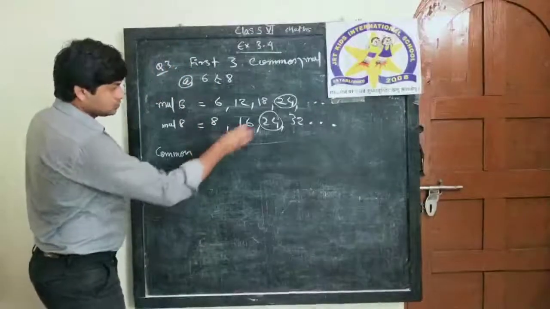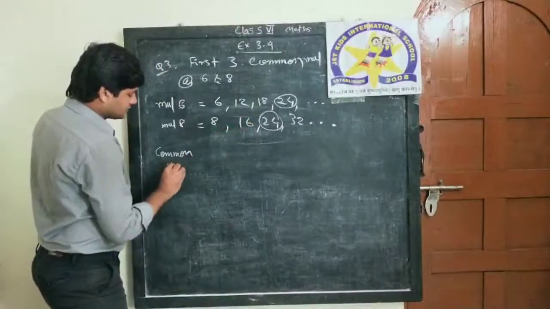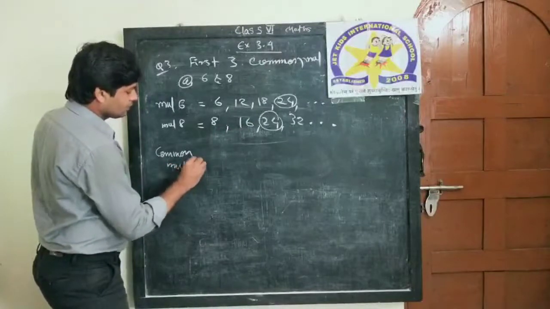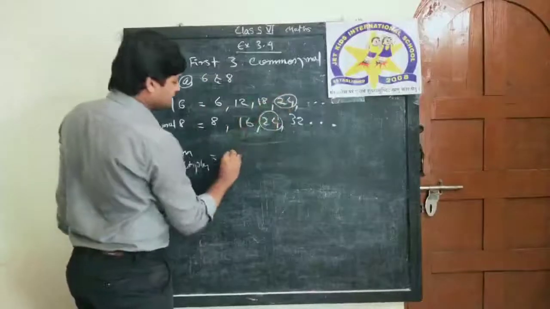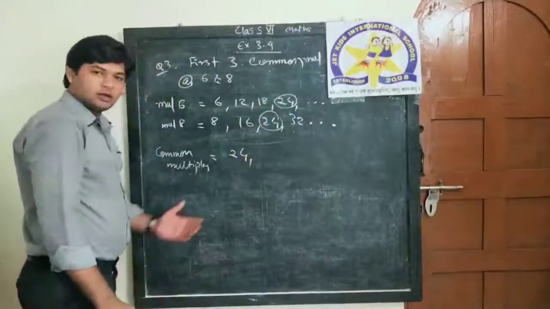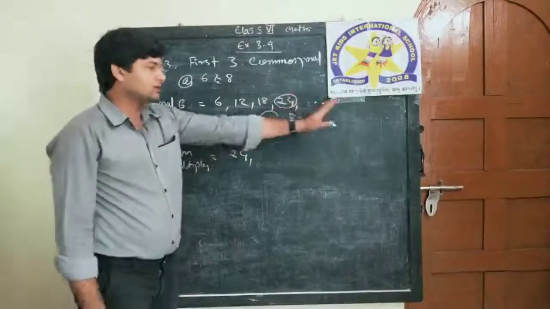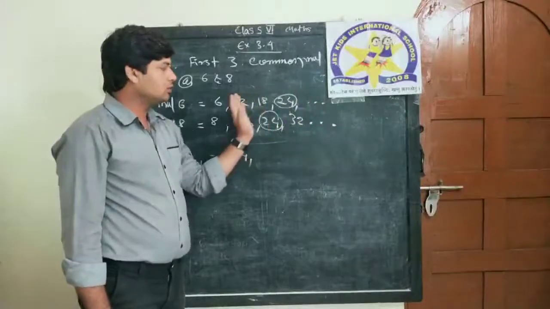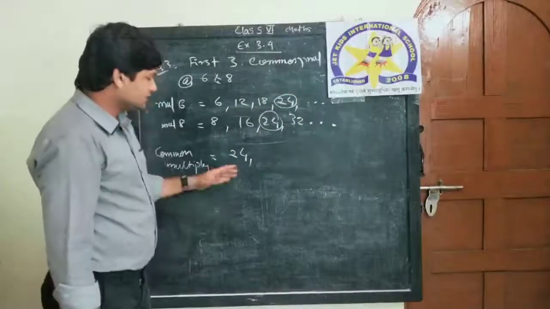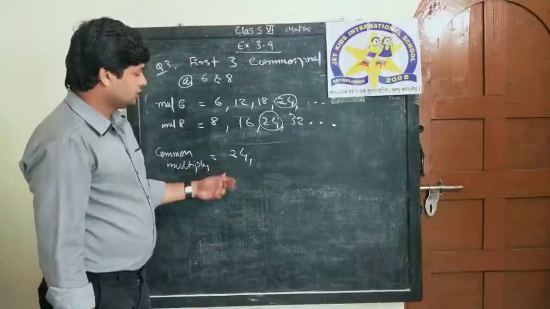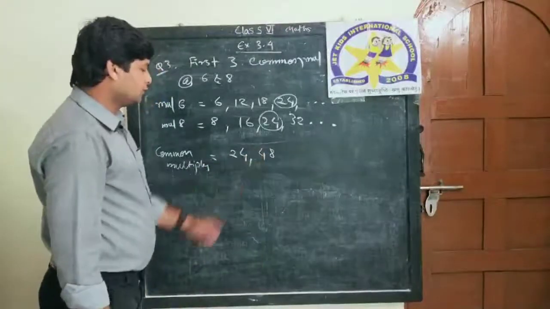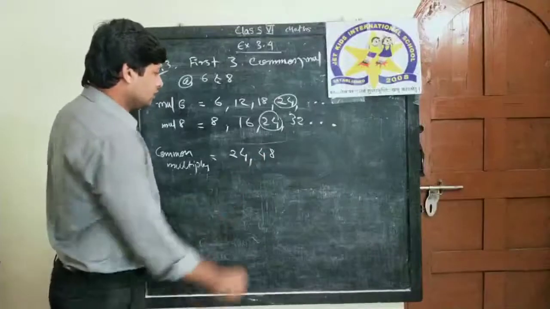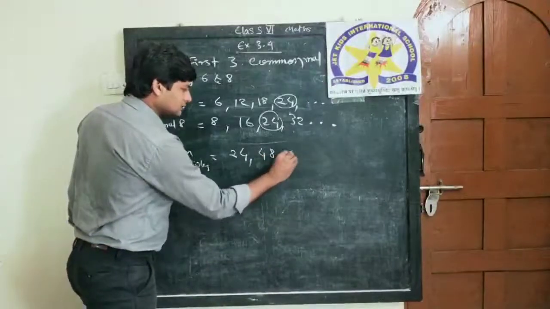But just use the trick. The first common multiple of 6 and 8 is 24. Now there's no need to look at the other multiples. Just start with 24, then 24 2s are 48, 24 3s are 72.